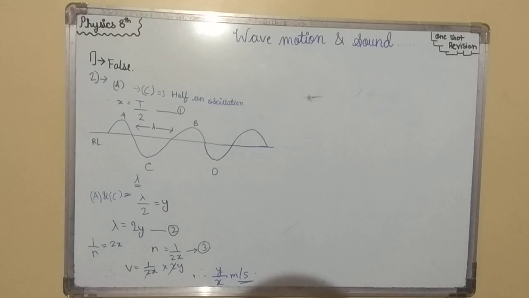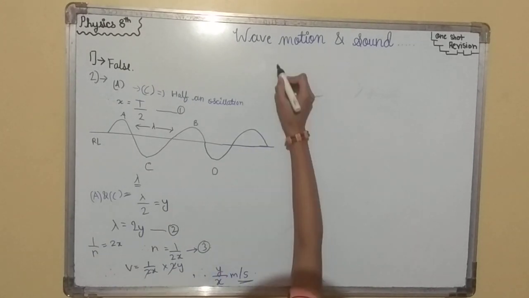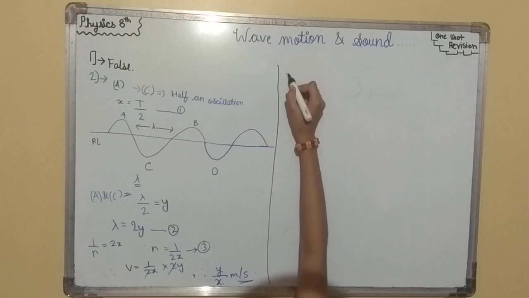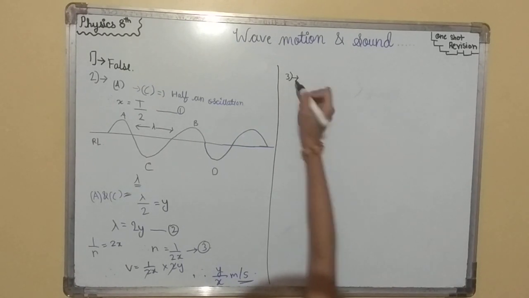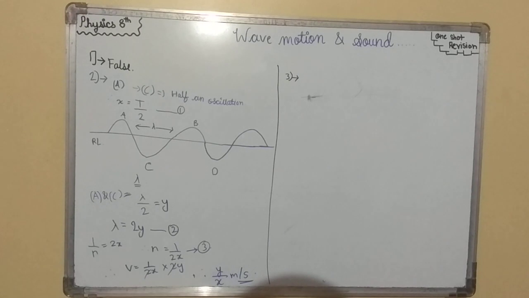So, now the third question is: imagine an Olympic game of a different type organized for waves, in which one of the events is a steeplechase race.